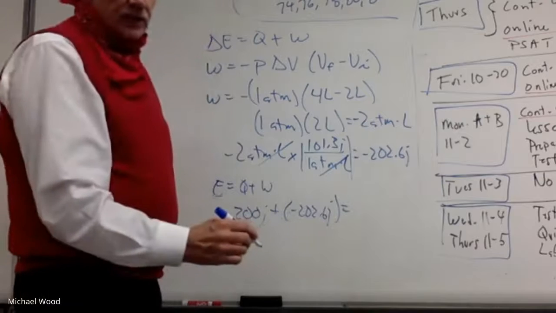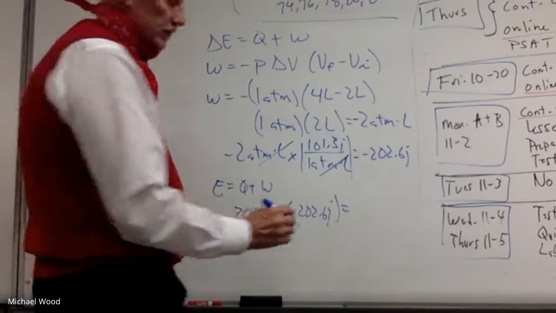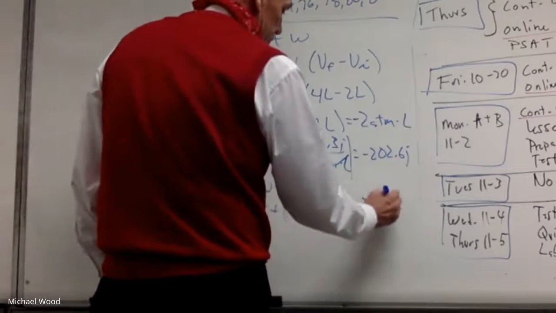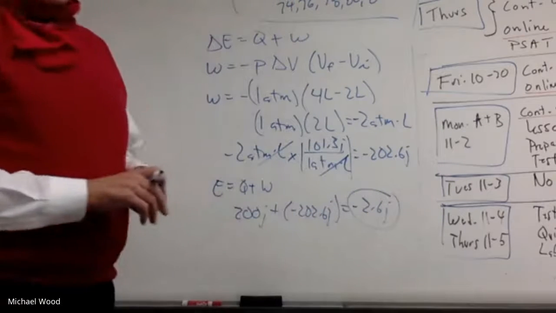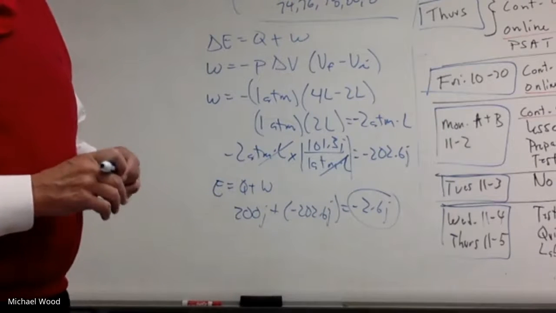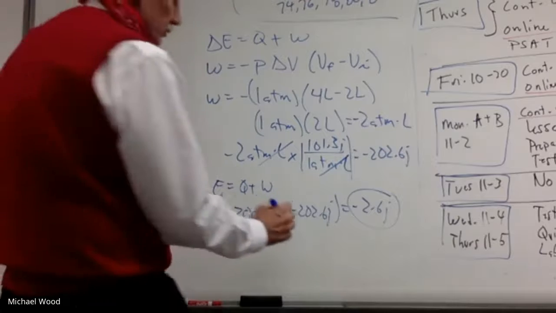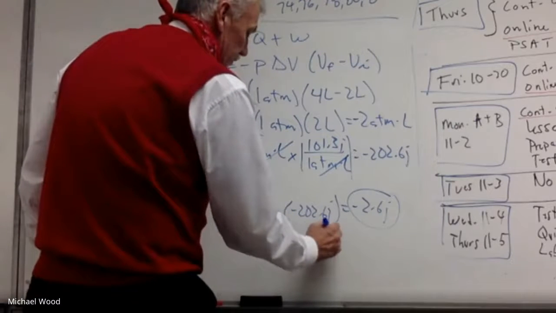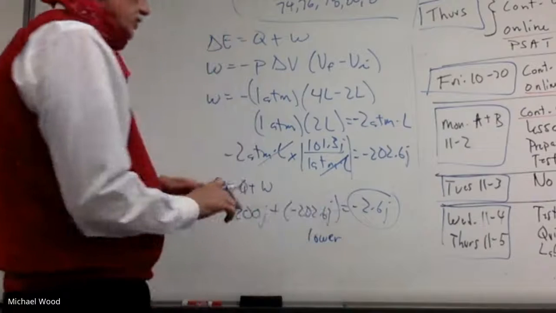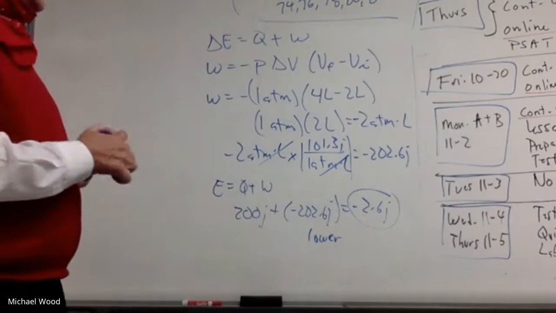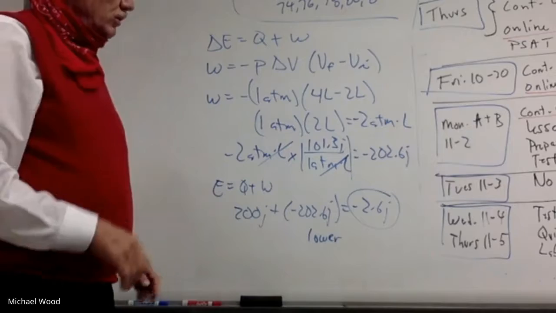So what I get here is negative 2.6 joules, a really small number. And then it asks, is this system higher or lower? The answer here would be lower because this is negative. It means energy is being given off by the system, so it's exothermic, so it's lower in energy.